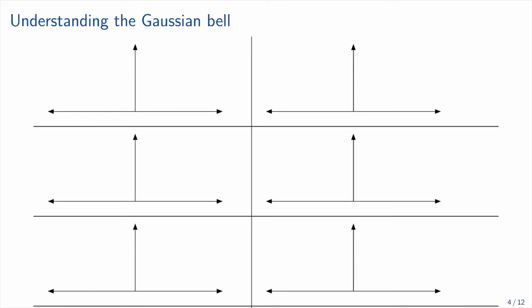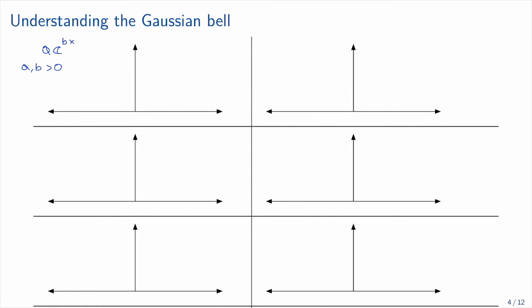Let's review the exponential function to understand the Gaussian bell. An exponential function is a function of the form a multiplied by e to the bx, where a and b we are going to assume bigger than 0.